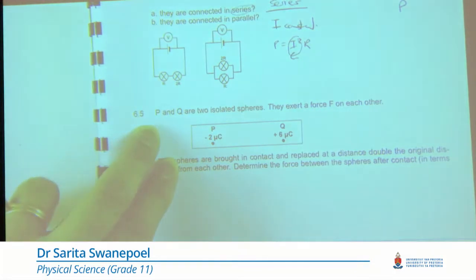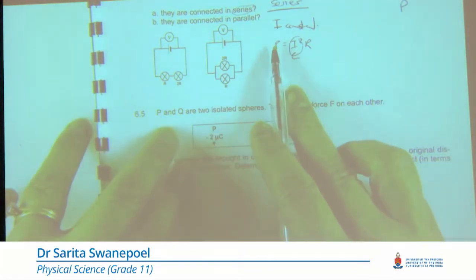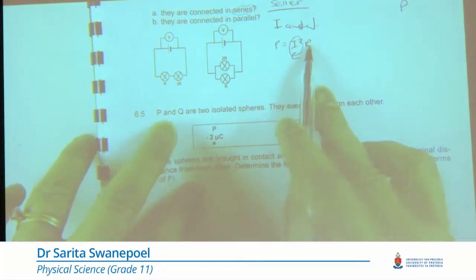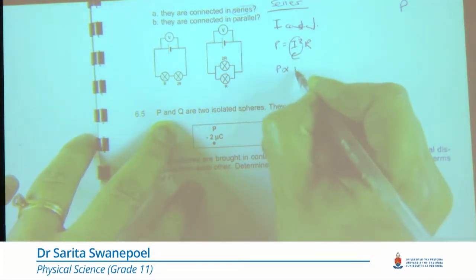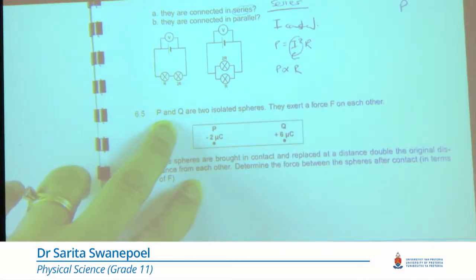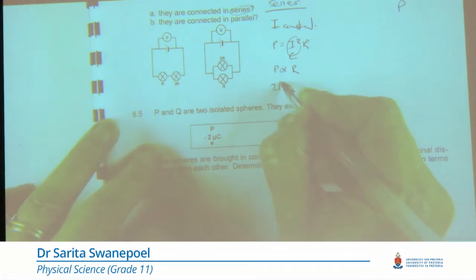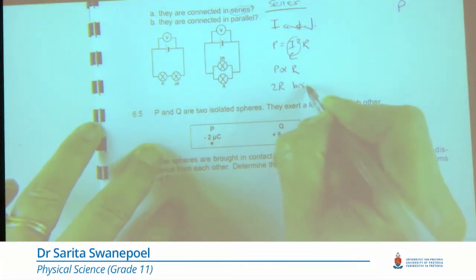And the moment that current is constant, what is the relationship between the power dissipated by this lamp and the resistance? They are directly proportional. What does that tell you? The bigger resistance will have the bigger power, will be brighter. So 2R is now going to be brighter.